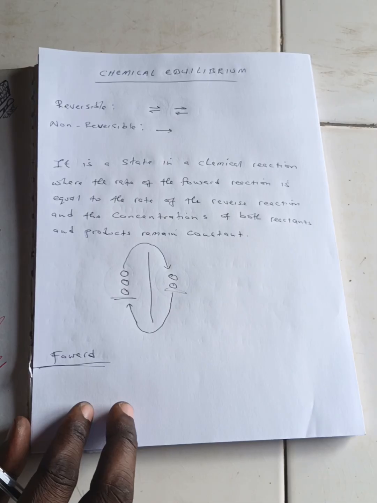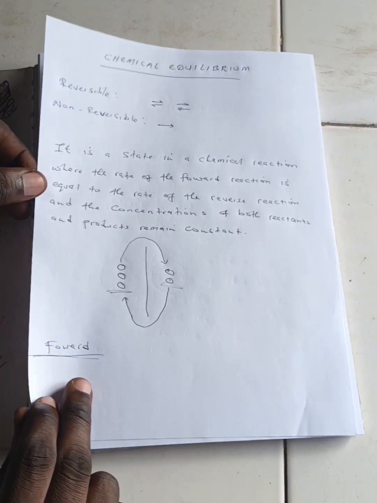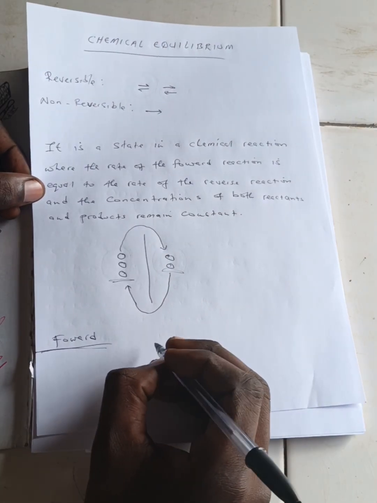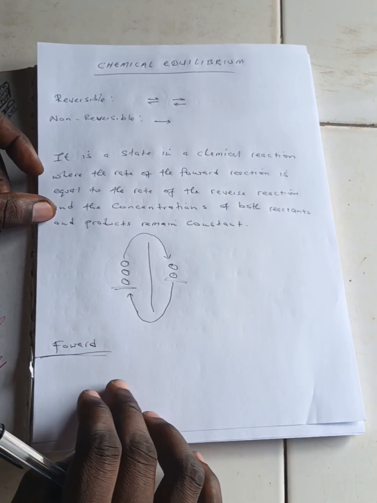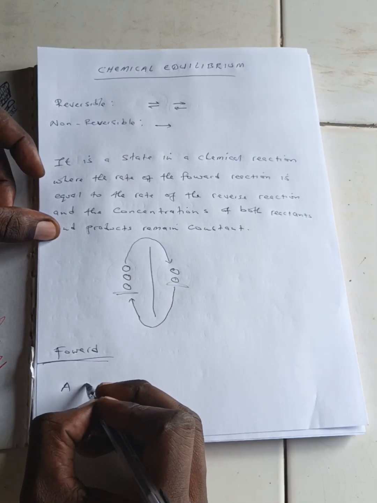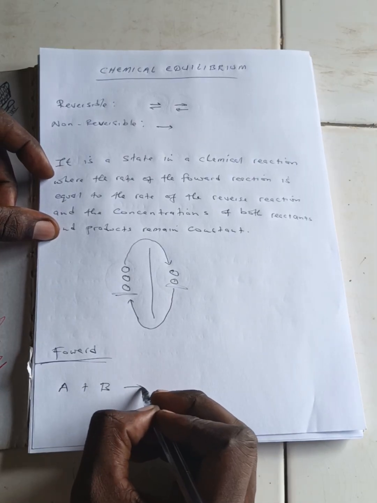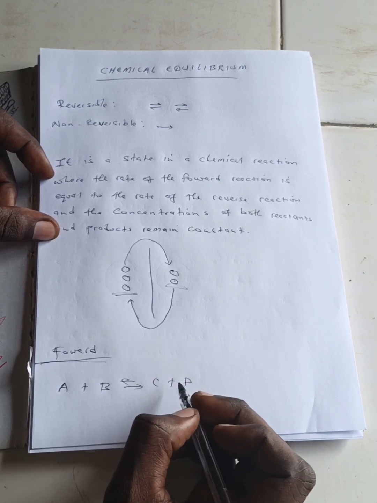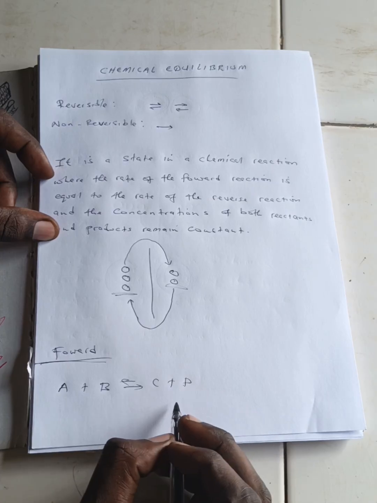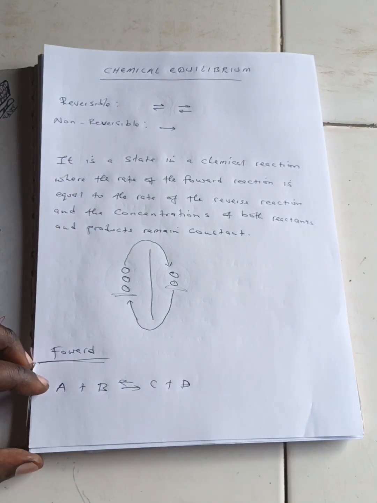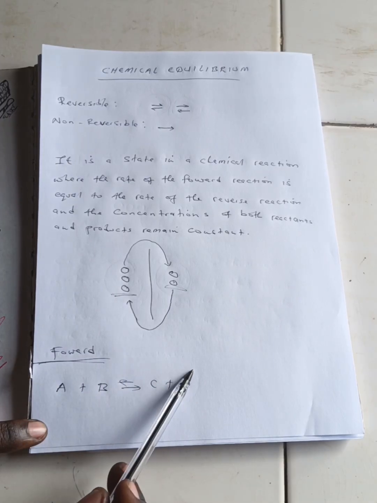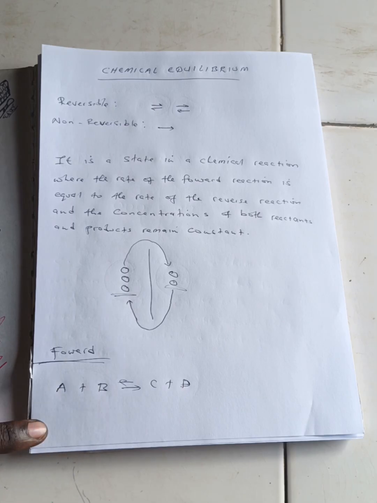Now from there, I want to show you 2 types of chemical equilibrium. But before we do that, let me give you this example. For example, if we have a chemical reaction, let's say this is A added to B, giving us C and D on the other side, you find that if the rate at which these are converted to that is equal to the rate at which these are being converted back to this, it means we have a state of chemical equilibrium.